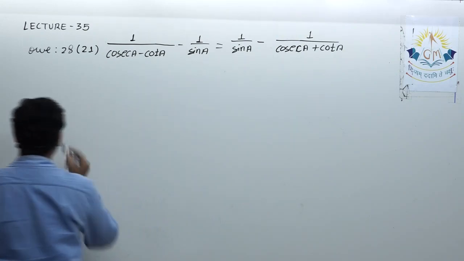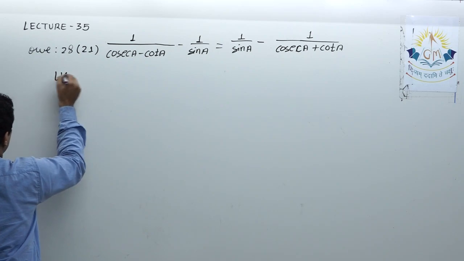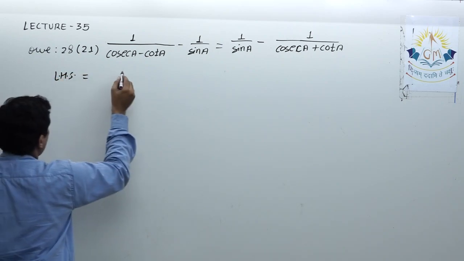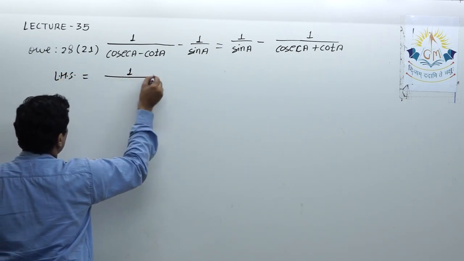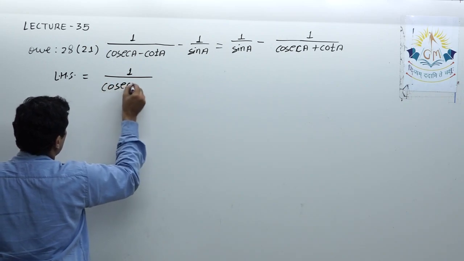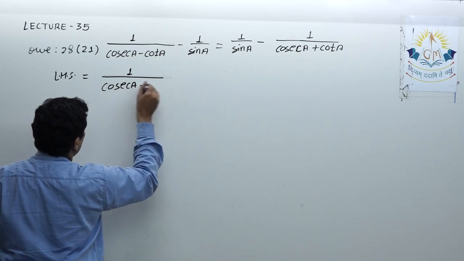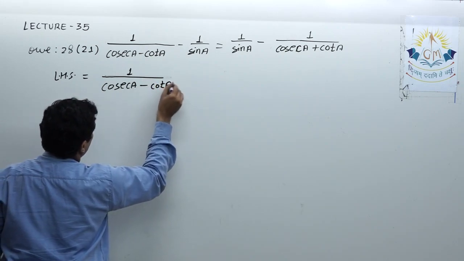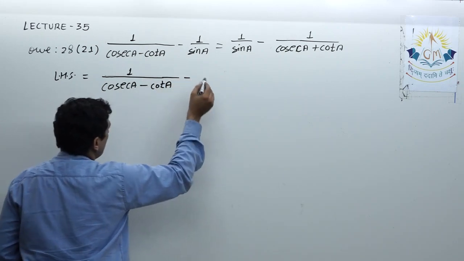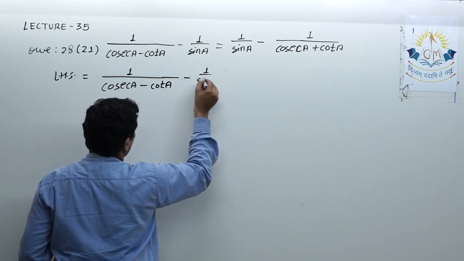Okay, so again we'll start from the left hand side only. It is 1 upon cosec A minus cot A minus 1 upon sin A.